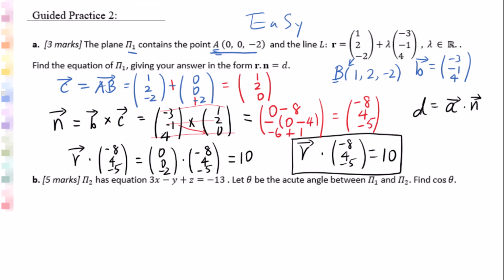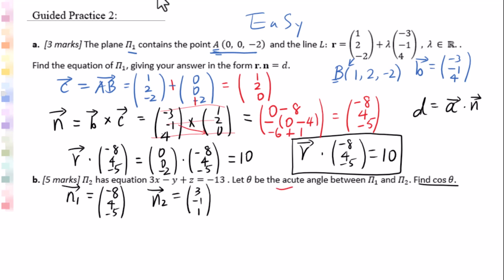Let's go to B. Pi 2 has the equation 3x minus y plus z equals negative 13. Let theta be the acute angle between pi 1 and pi 2. Find the cosine theta. Let's get the normal vector of pi 1, negative 8, 4, negative 5. Normal vector of pi 2, 3, negative 1, 1.